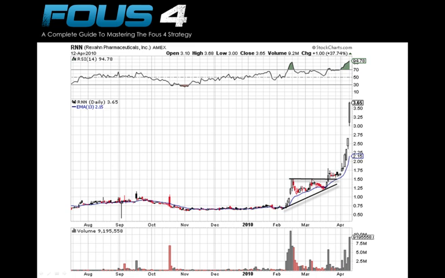Plus this spiked up here and failed to break out, and then spiked up again, and that formed our nice little neckline resistance at 150, giving us a good indication of where to buy if and when this stock breaks out above this level. So then in phase three, we had this huge spike in price action where it broke 150, and that's our trigger to buy into this stock. And from there, it just blew up from about 150 up to 365 in a very short amount of time.